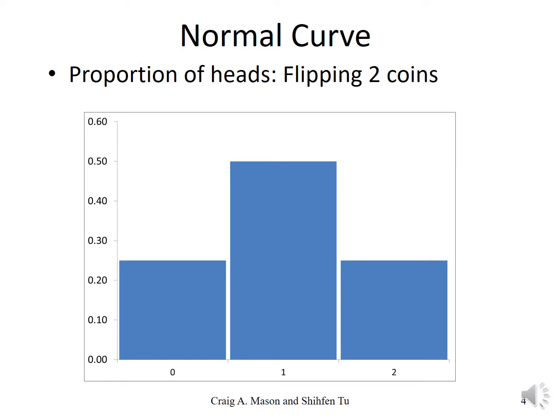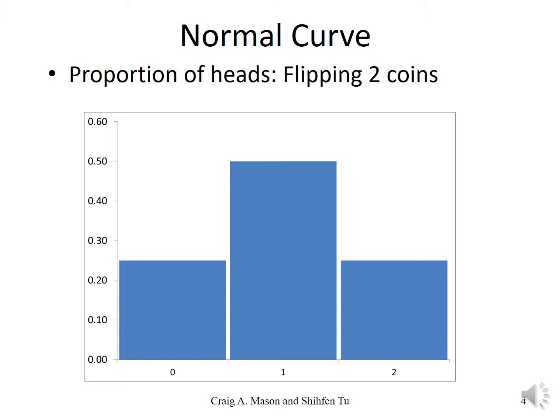Mathematically, what's the proportion of times that we would expect to see no heads, or see just 1 head, or see 2 heads? Mathematically, 25% of the time we would expect no heads. 50% of the time we would expect 1 head, and 25% of the time we would expect to see 2 heads. Given there are only 3 options, 0, 1, or 2 heads, the distribution is not very smooth.